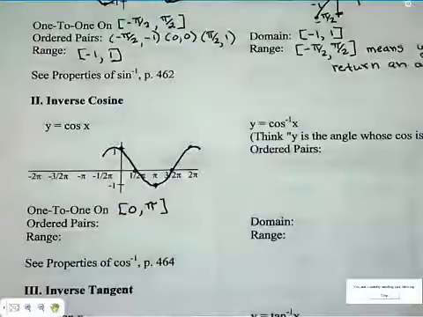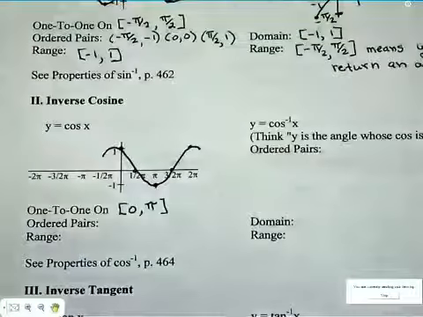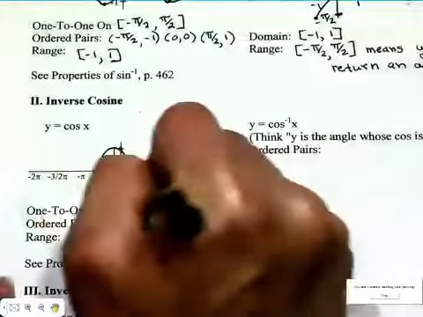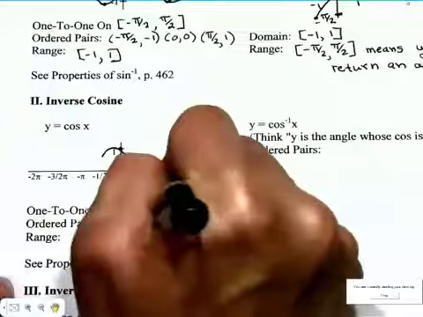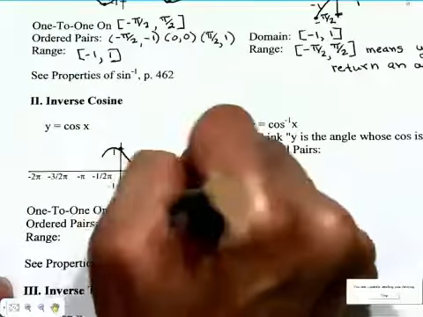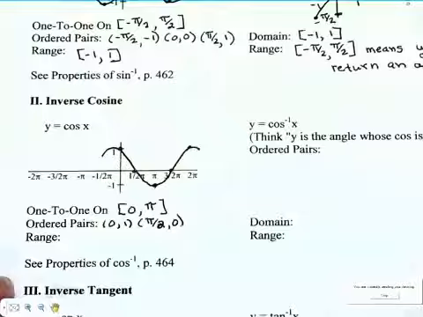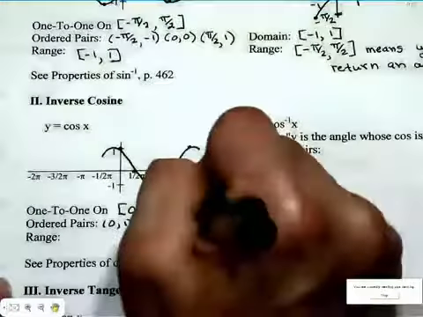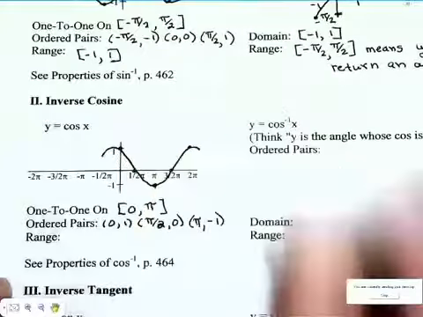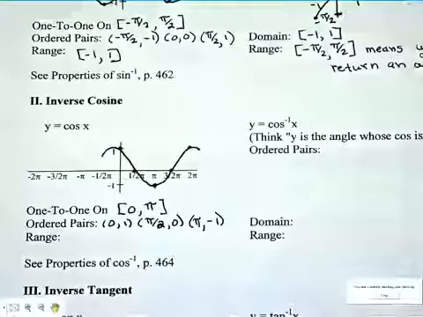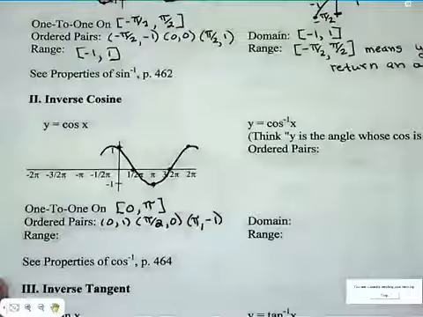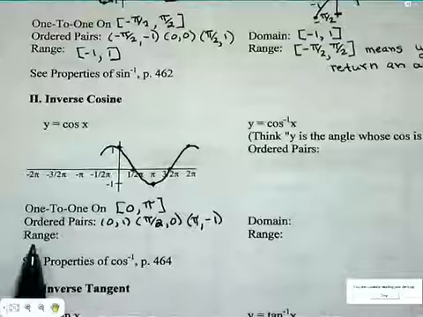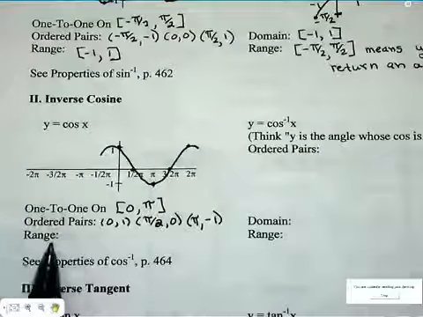And some ordered pairs in that domain would be (0, 1), (pi over 2, 0), and (pi, -1). So what's the range of cosine?